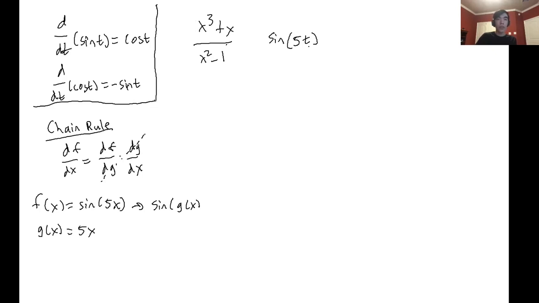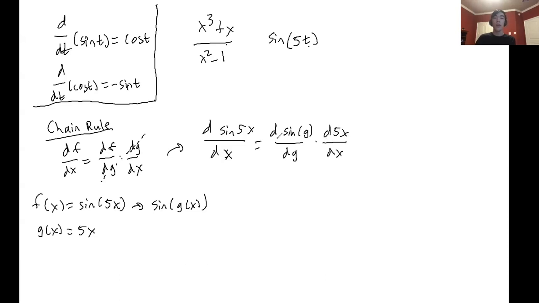So if you want to take the derivative of sine of 5x with respect to x, we can actually just do this: d sine of g over dg times d 5x over dx.